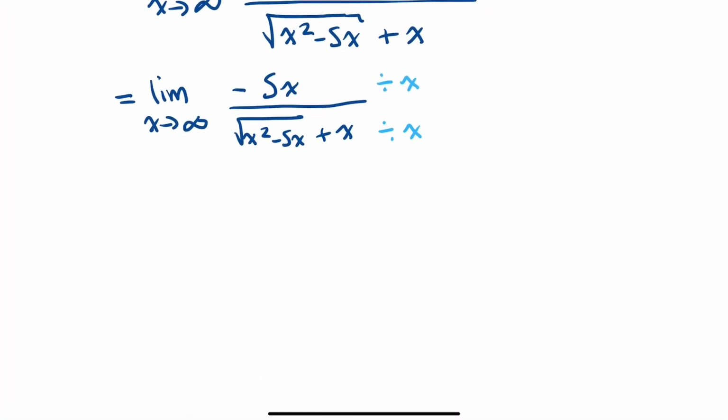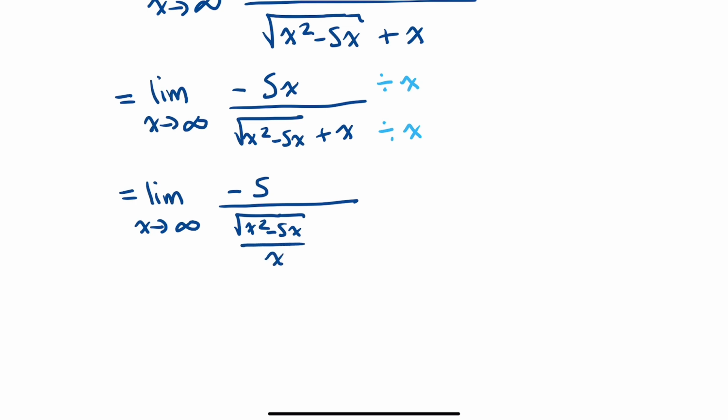And so by doing that, we can get the limit as x approaches infinity of minus 5 all divided by the square root of x squared minus 5x, divided by x, plus x over x, which is just plus 1. And so I'm going to move this to the side for a second. And I want to try and get rid of as many of the x's as possible.